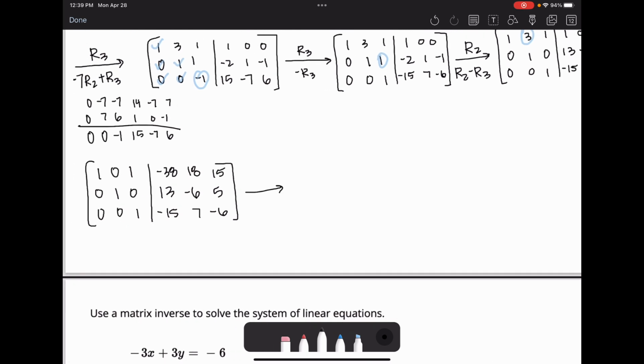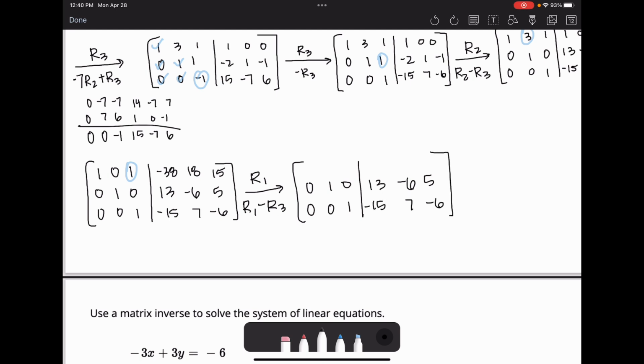Okay, our very, very last step. We need to get this to be a 0. It's easy because we can do row 1 minus row 3. And that will just get us where we need to be. So row 1 is going to be row 1 minus row 3. I'm going to make my life a little easier and just write these in. Oops, sorry, that should be -15, 7, and -6.